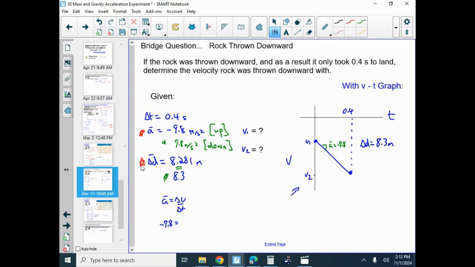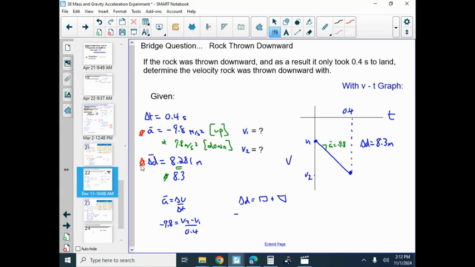This is good, but maybe it's not worth the extra time here. So v2 minus v1 over 0.4. Obviously, two unknowns there. Displacement is area stuff, so we have a rectangle and a triangle, like that.